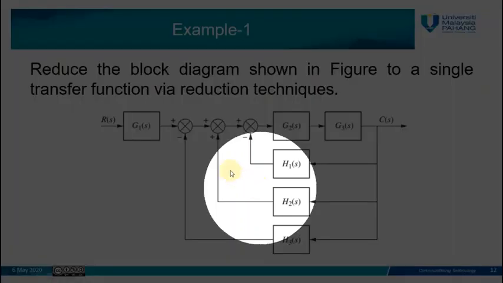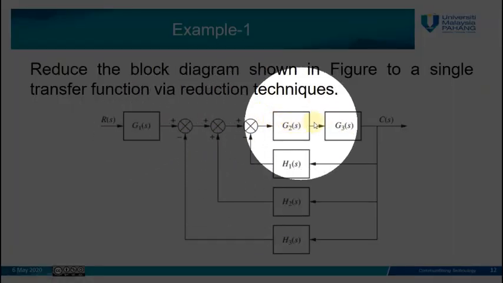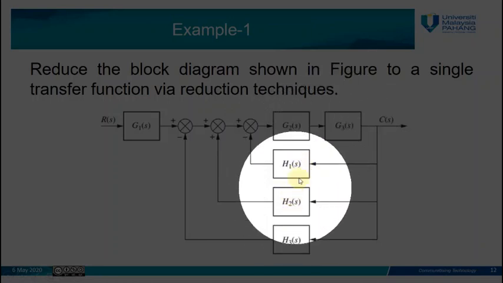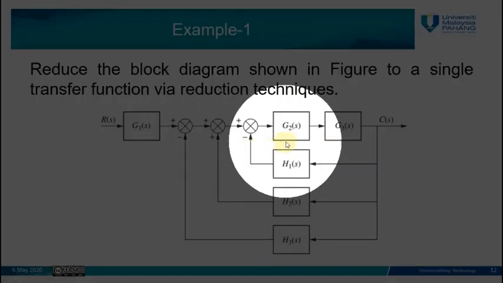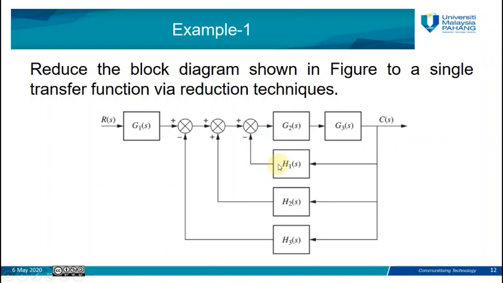We want to combine all these transfer functions into a single equivalent transfer function, and combine all these blocks into a single block. So we have to follow the reduction techniques mentioned in the table before.